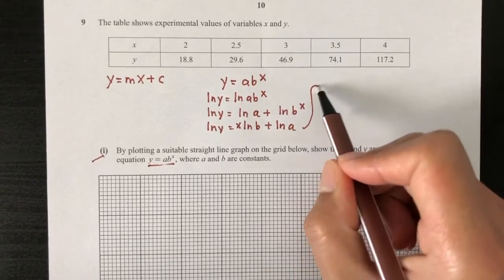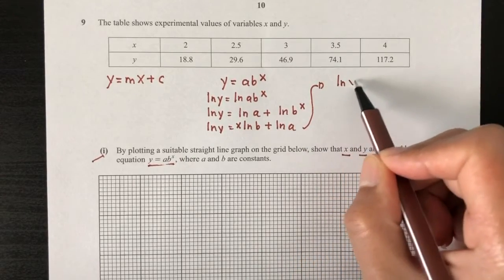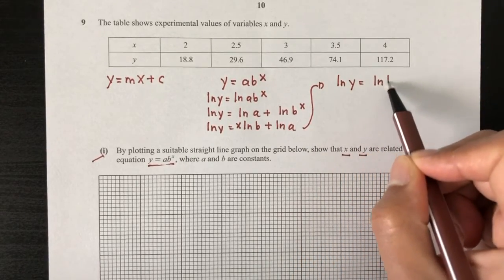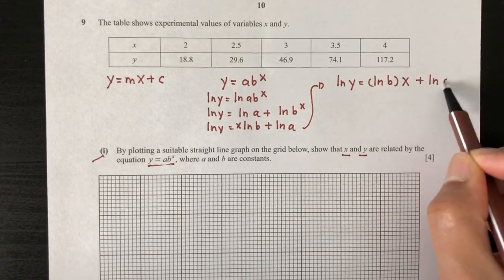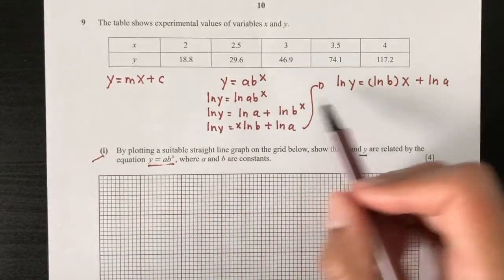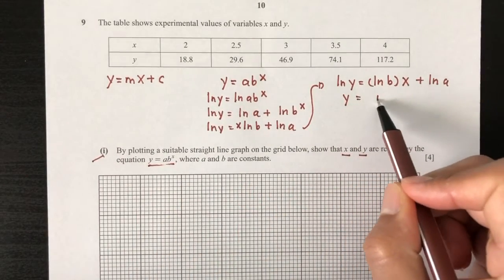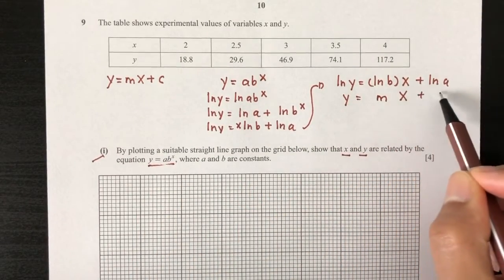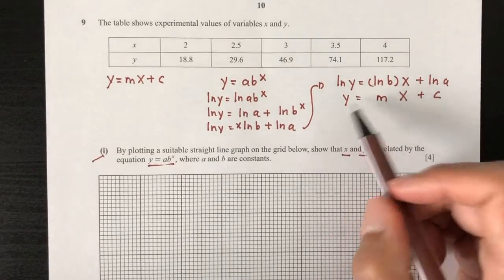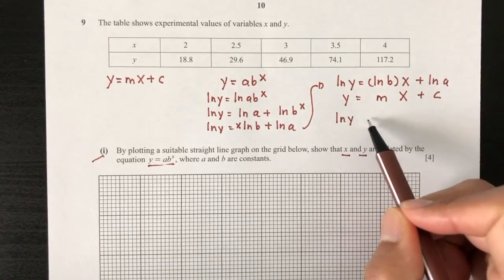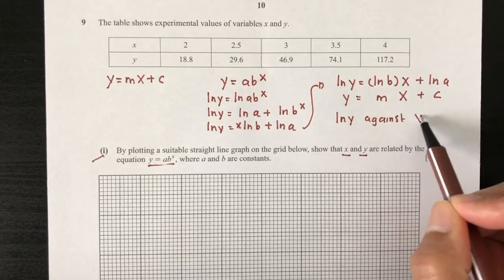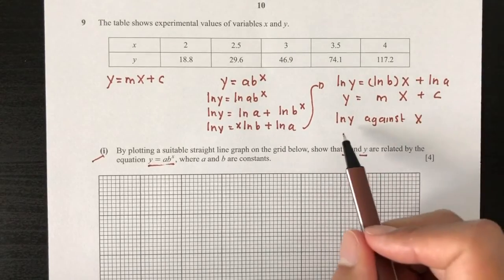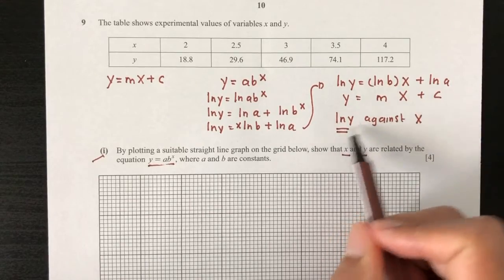So ln y equal to ln b x plus ln a. This looks a lot like y equal to mx plus c. So we have to draw a graph of ln y against x for us to have a straight line. So let's find the values of ln y.